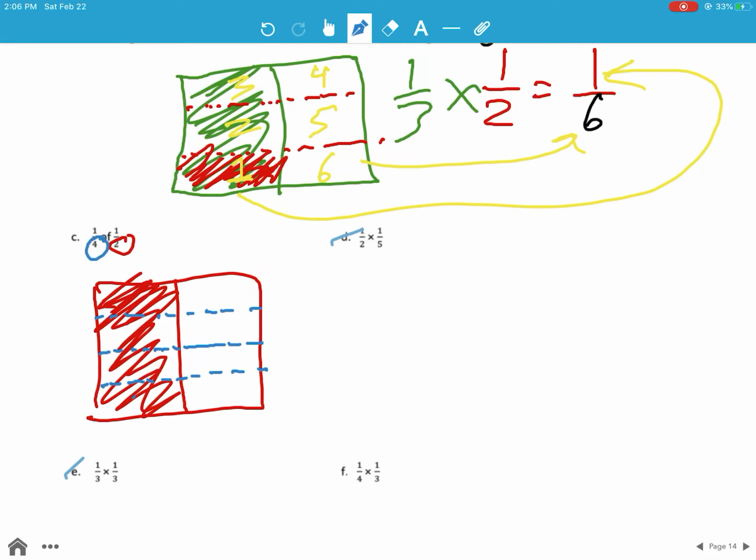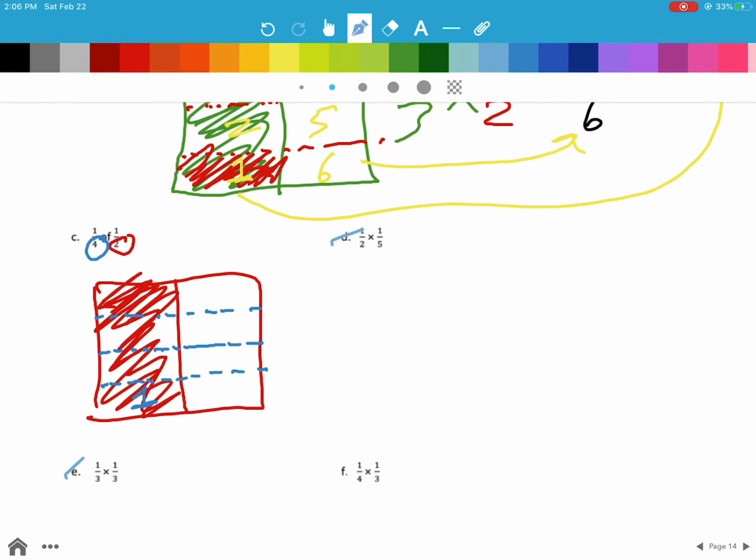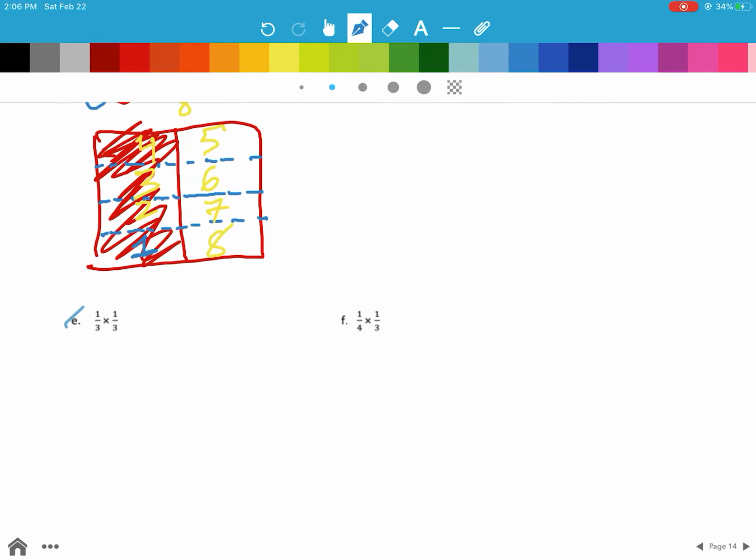So we're talking about the fourths here, and that's one of them. 2, 3, 4. There we see the fourths. 5, 6, 7, 8. All right. So then we know that the answer is eighths, and we have 1/8.